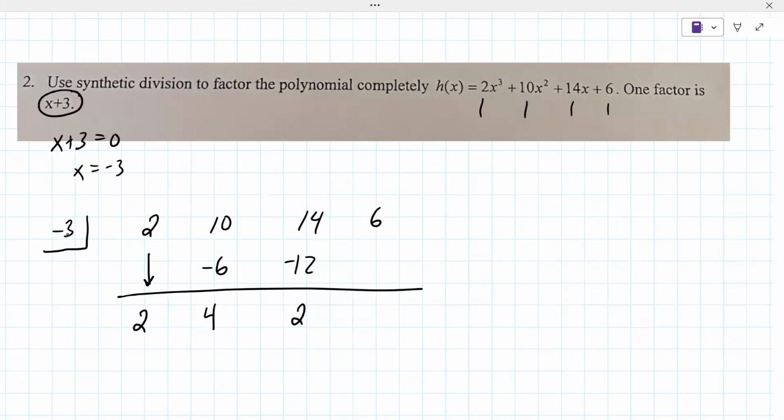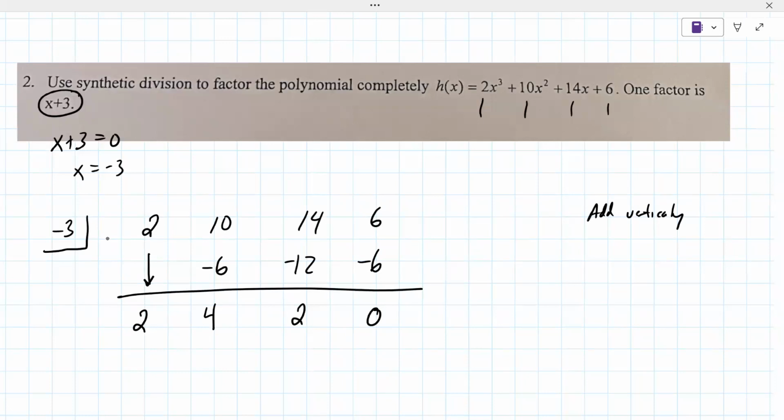You're always adding vertically. And then you take that 2 and multiply it by the minus 3, which is minus 6, and you get 0. Let me know when you get caught up to that point. I've got it.